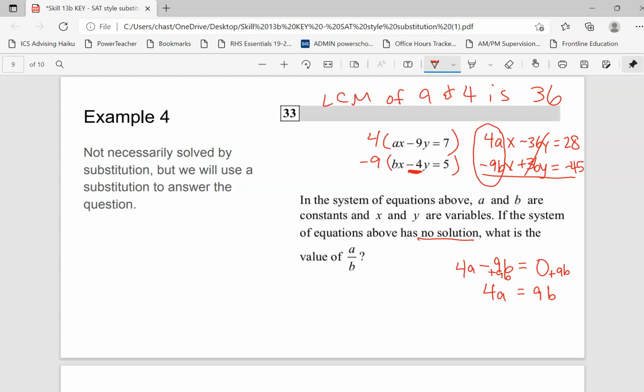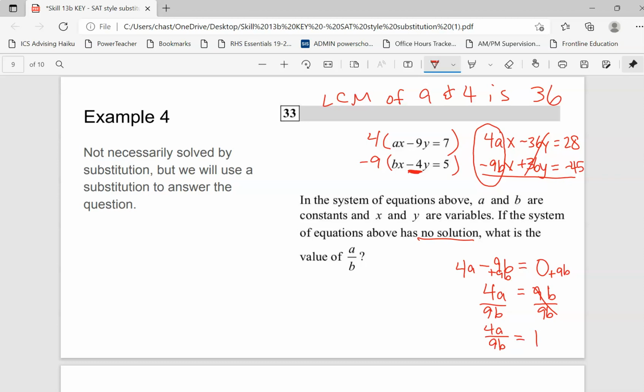Now, when we look at this, I could then decide, all right, so they want us to know what is the value of a over b. So actually, I'm going to divide both sides by 9b. That gives me 4a over 9b equals 1.